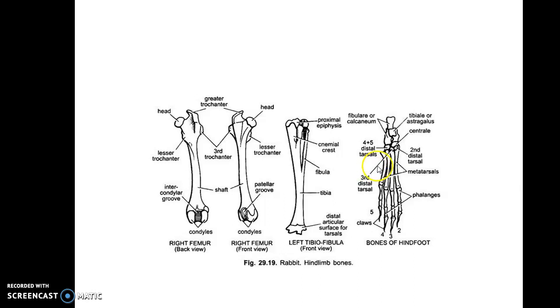The first toe is absent, so the remaining phalanges are 3 in number, ending in claws. So this is the femur, that is the tibia fibula, which has a cnemial crest here. This is the tarsals, metatarsals and phalanges, which is seen as a part of the hind limb.